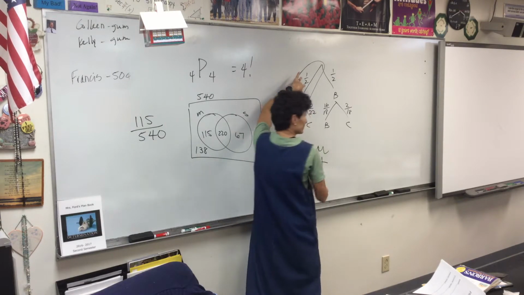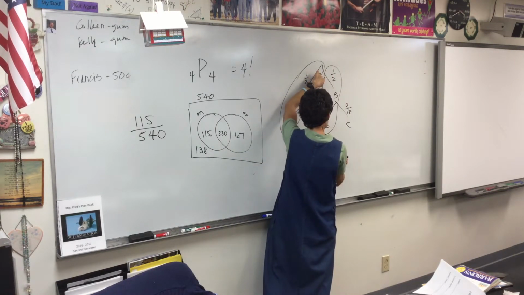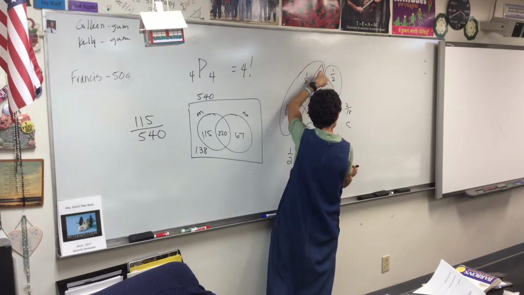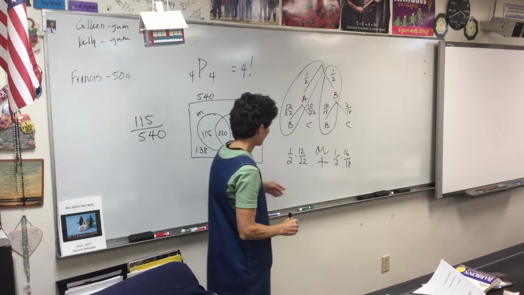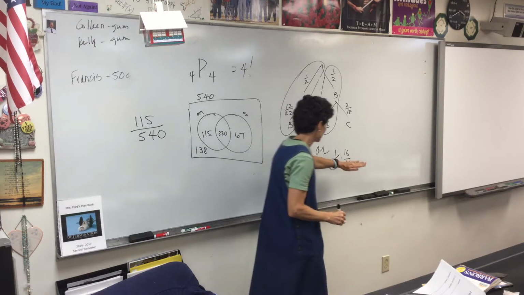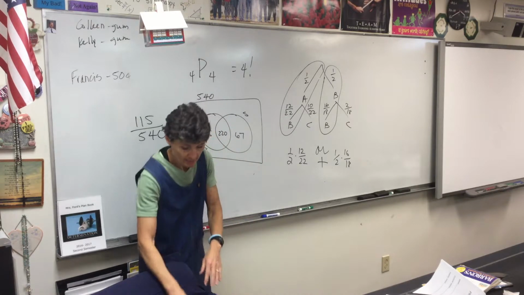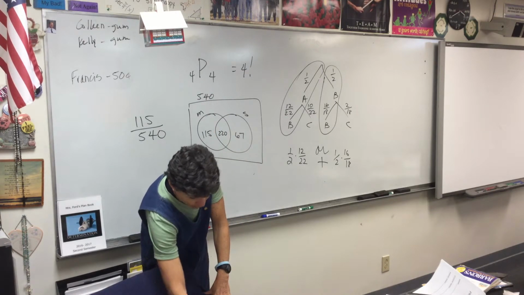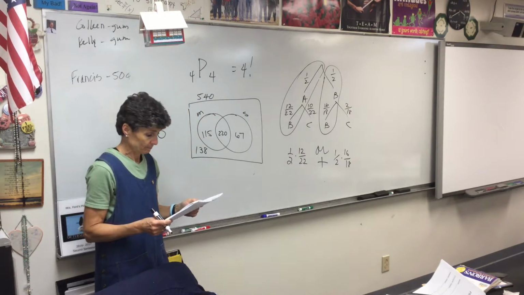Or you could pick tin B and a brownie. So the answer to your question is that fraction plus this fraction. And you can answer that as a fraction or as a decimal, whatever you are more comfortable with.